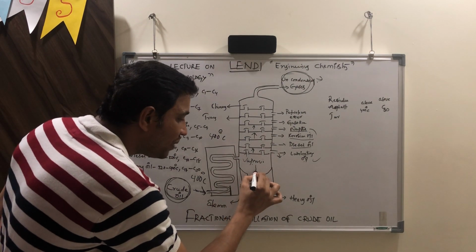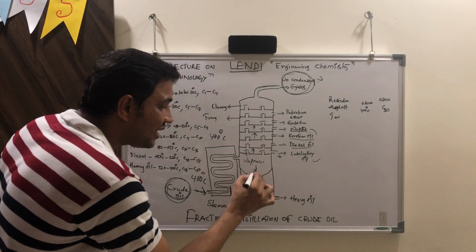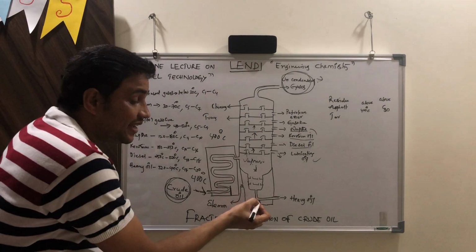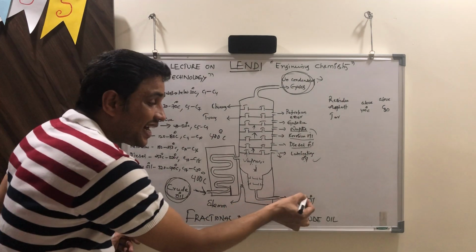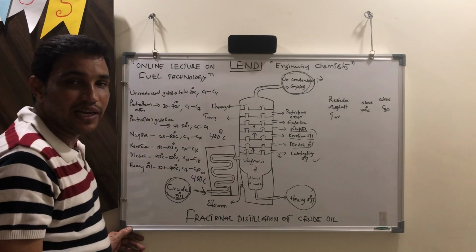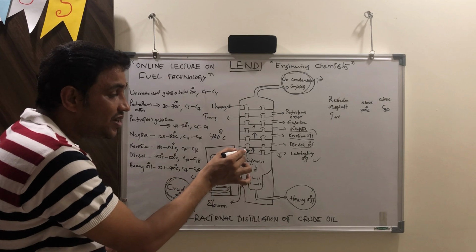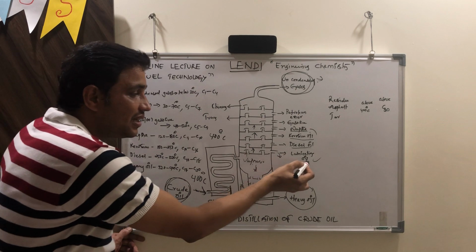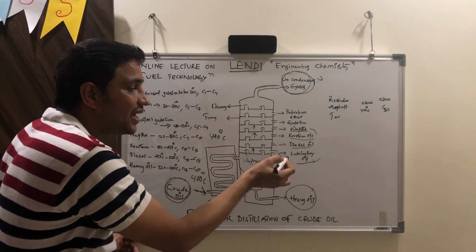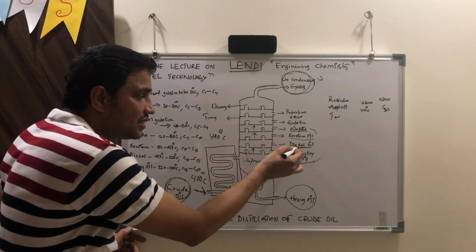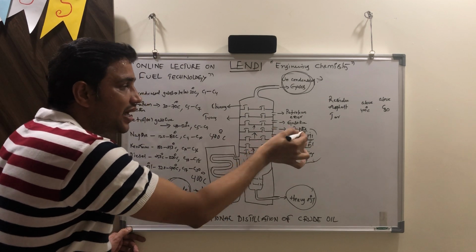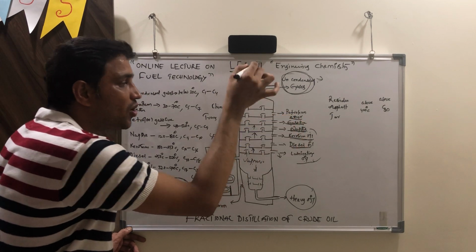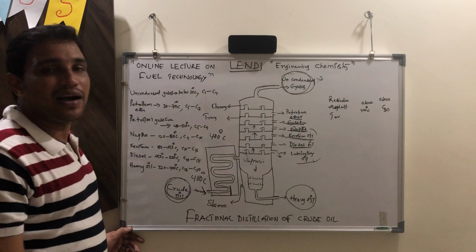The one that becomes liquid first will get decanted here, and we can collect it; that is called heavy oil. The rest of the vapors move through the chimneys present at each level of tray. In this case, firstly we will get lubricating oils, after that diesel oil, next kerosene oil, next naphtha, next gasoline or petrol, next petroleum ether, and finally uncondensed gases.